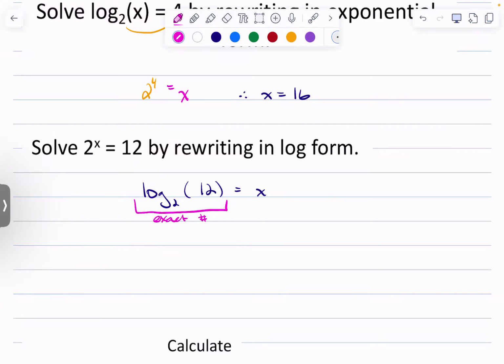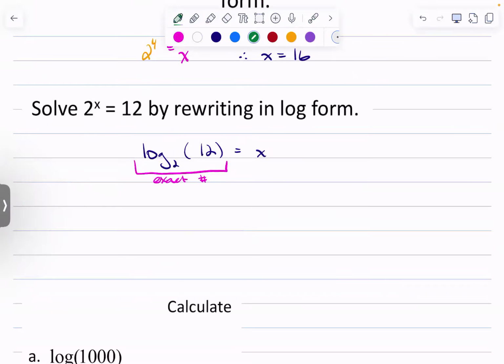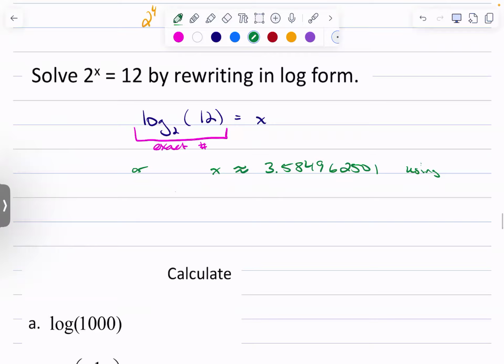Or if you do, x is approximately, because I'm going to have to round, log base 2 of 12, 3.5849620, using our calculator.